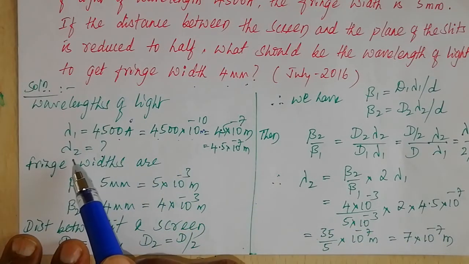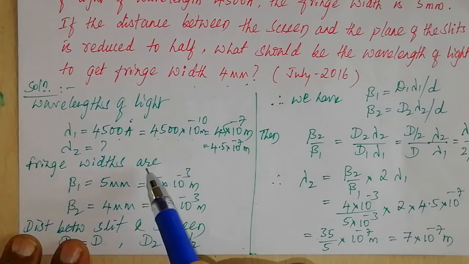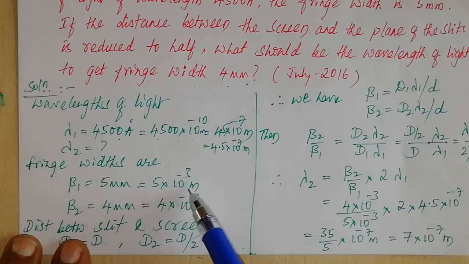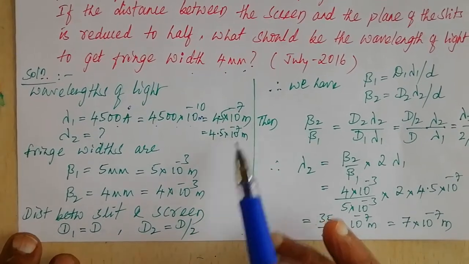And we are asked to calculate lambda 2. Fringe widths are given. Beta 1 is 5 millimeter, 5 into 10 raised to minus 3 meter. Beta 2 is 4 millimeter, that is 4 into 10 raised to minus 3 meter.